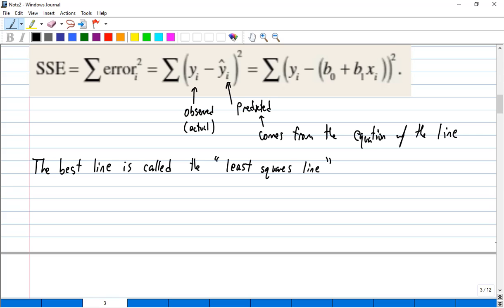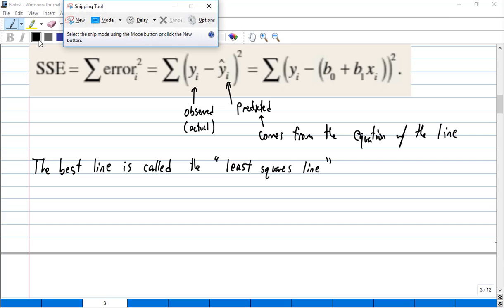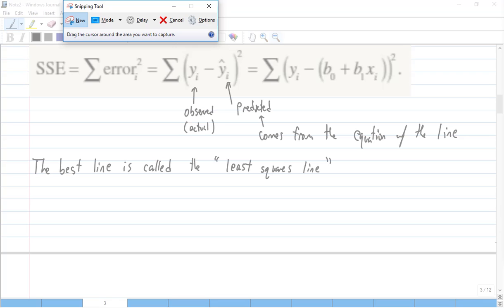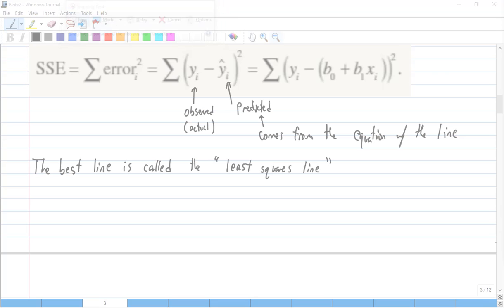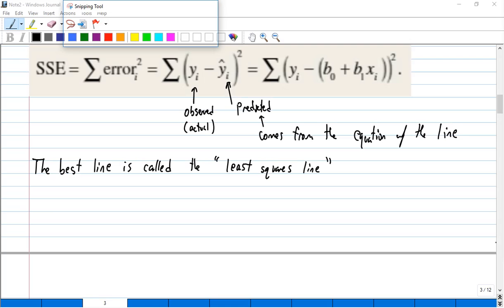But if you look at the bottom of page 3 of your PowerPoint, you'll see the two formulas for the slope and y-intercept of the least squares line. Notice that you need b sub 1 to find b sub 0. I'll put the box up here just so you can see it, but it is on the PowerPoint.